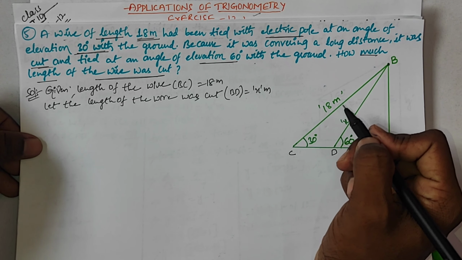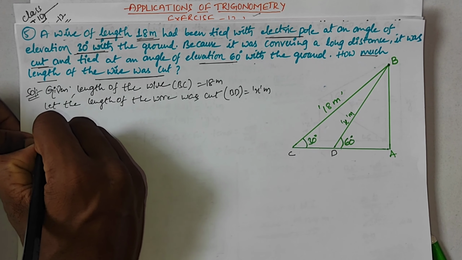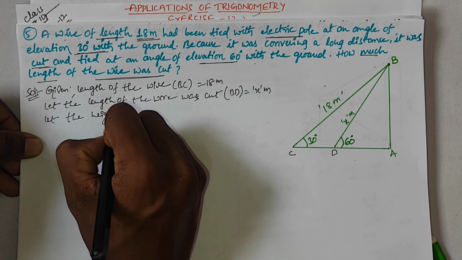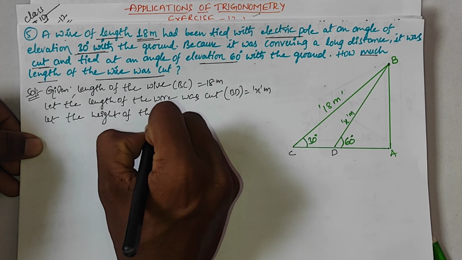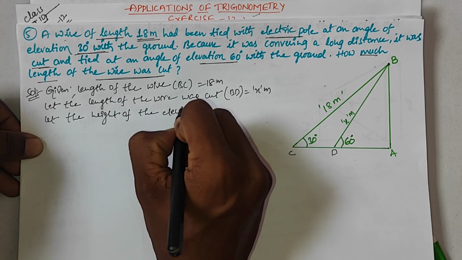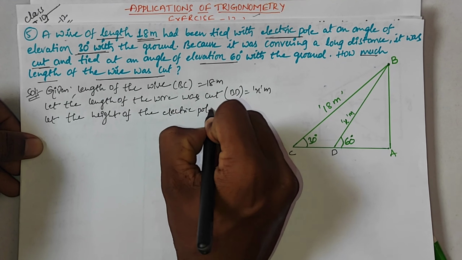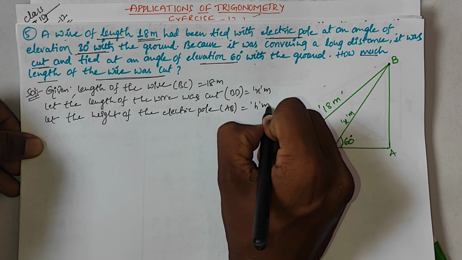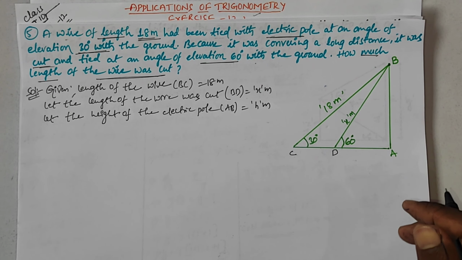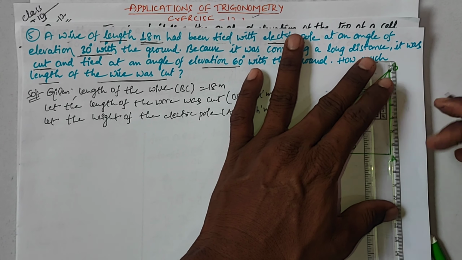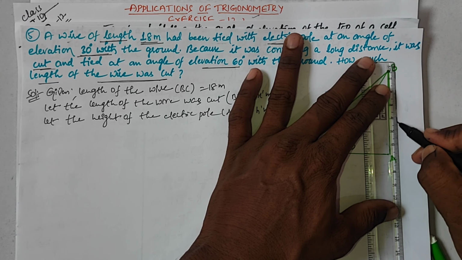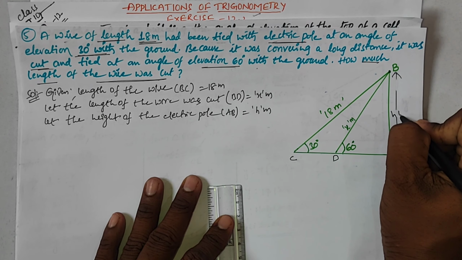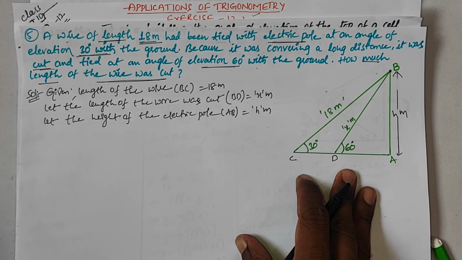Is it clear? And again considering the height of the pole, nothing but the electric pole, right? Electric pole AB is equal to, considering, H meters. Okay, considering height as H meters. Right? And what is given?